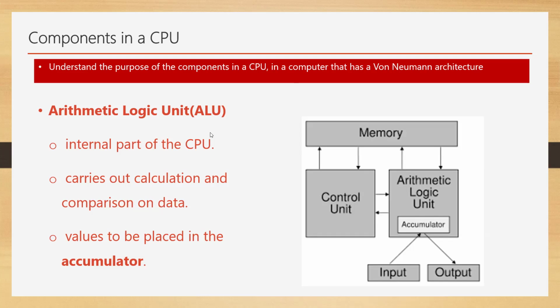So this unit is basically responsible for carrying out all of the calculations in a computer system, like less than, greater than, all of the calculation parts, which also includes if you want to move your data from one place to another, or if you want to calculate the file size. All of the calculations are done by an arithmetic logic unit.